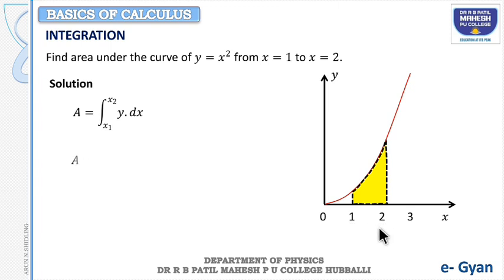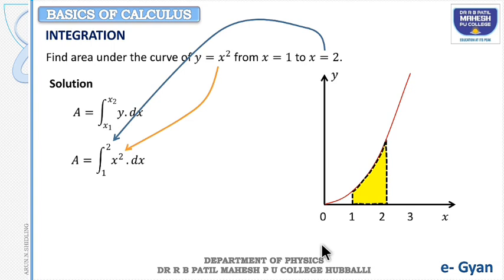Let me substitute their values to get the integration, or the area under the curve between 1 and 2. I have put the value of y here as x square, and we have the value of x2 and further the value of x1 here.